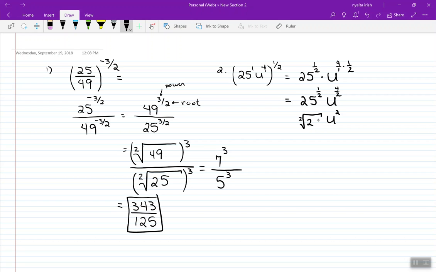And then the power is just 1. Actually, I don't really need to write down, but the square root of 25 is 5. And then I have u squared. And that's the final answer for that one. Like I said, there were a couple of different ways that you could approach this problem. This is just one way.